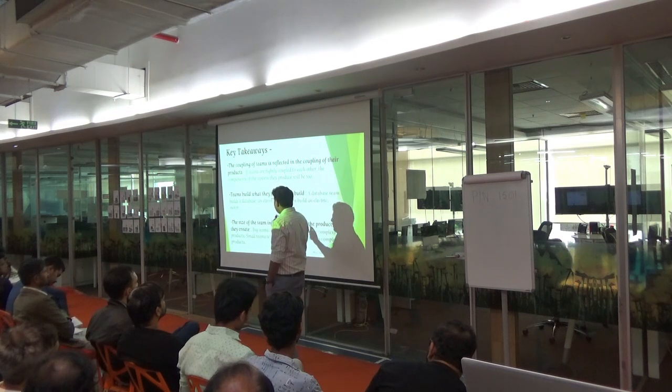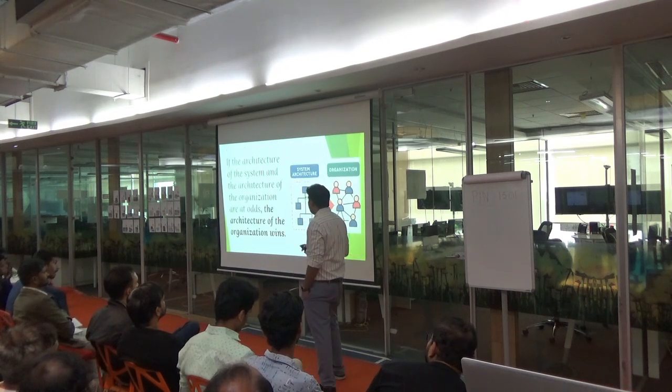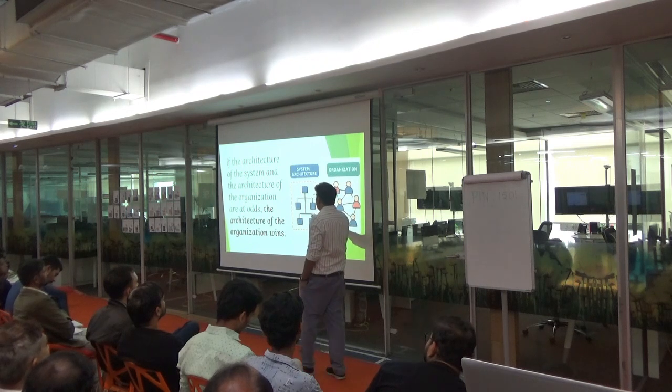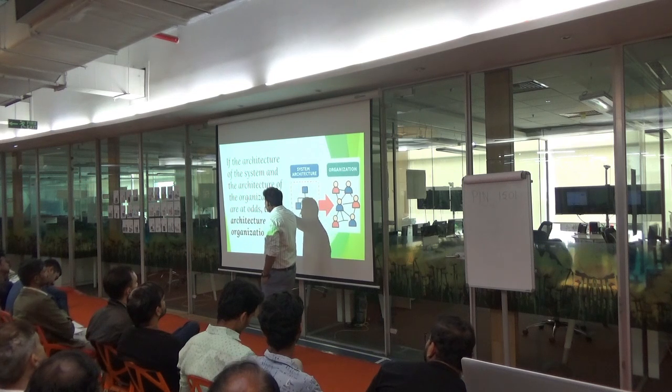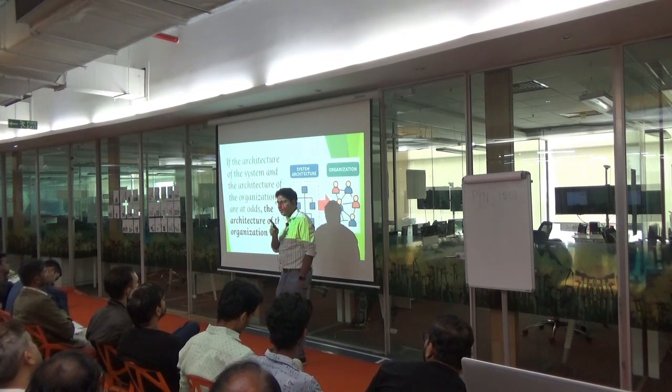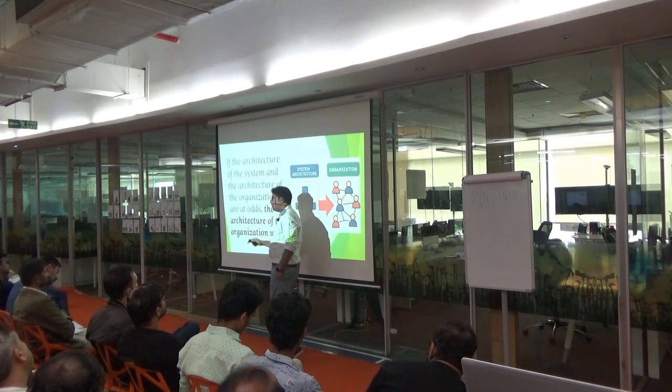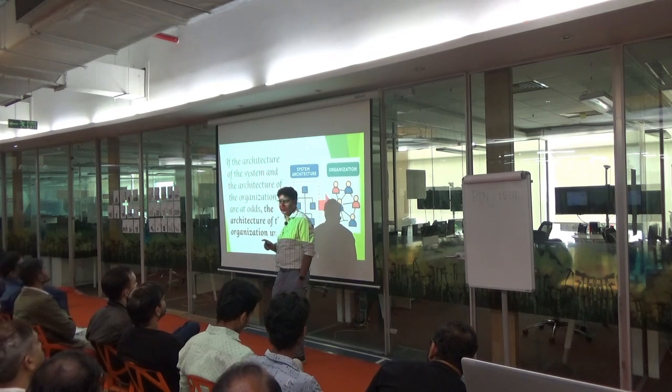Okay? Perfect. So this is what again Conway is trying to say. The last thing is, if the architecture of the system and the architecture of the organization are at odds, then the architecture of the organization mostly wins. This is also very important.